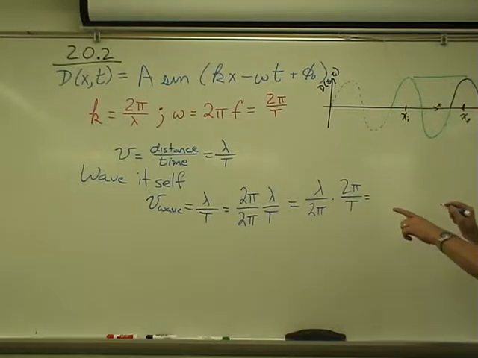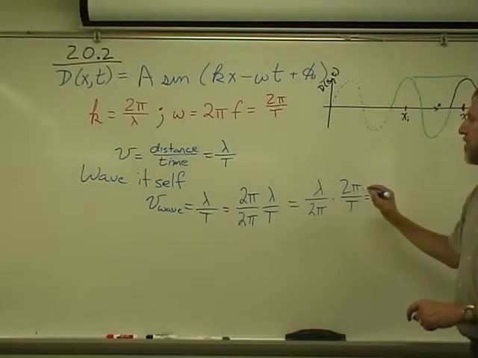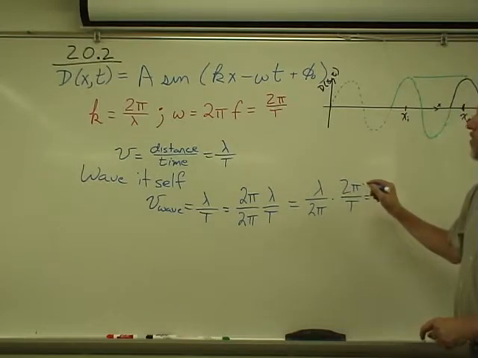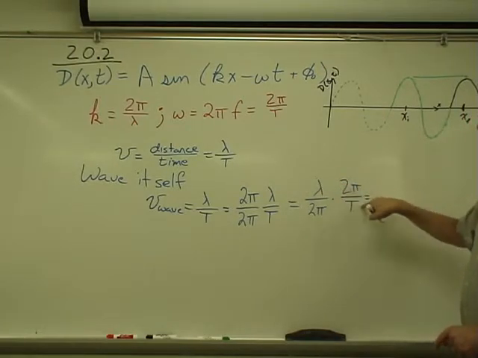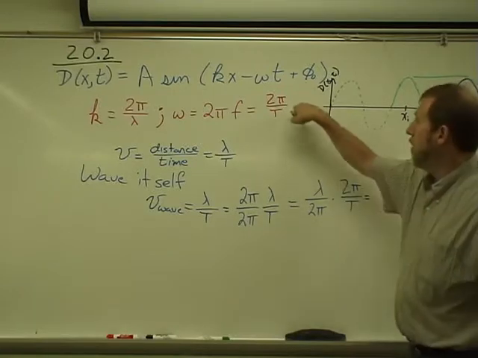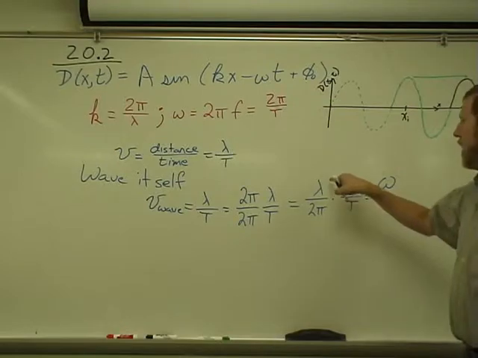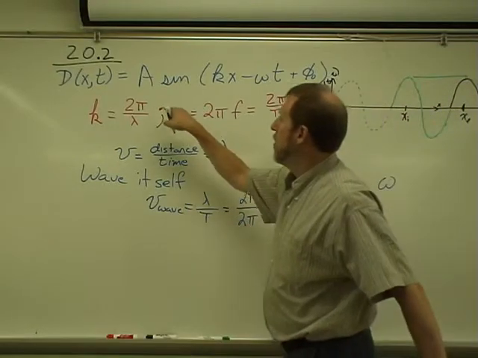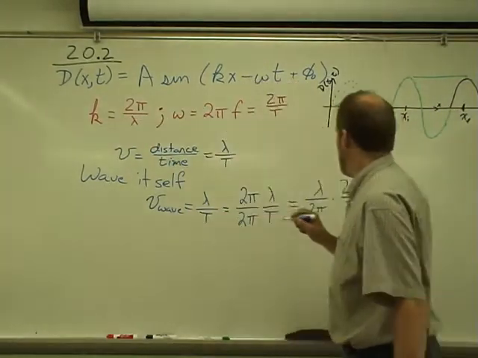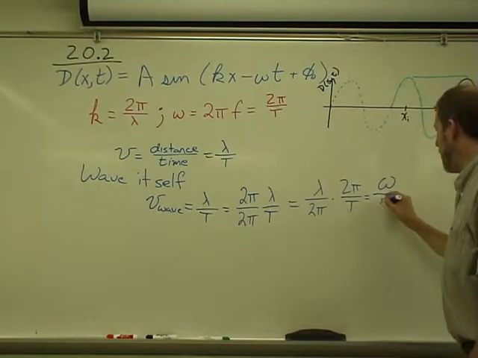Notice what that gives me is that the velocity of the wave is equal to, well, 2 pi over period is the angular frequency, omega, and lambda over 2 pi is 1 over the wave number, so I've got 1 over k.